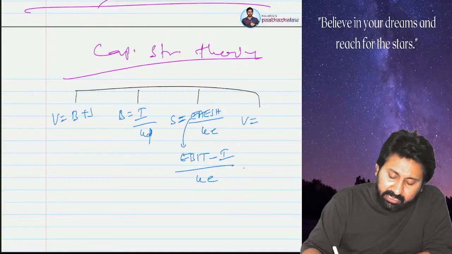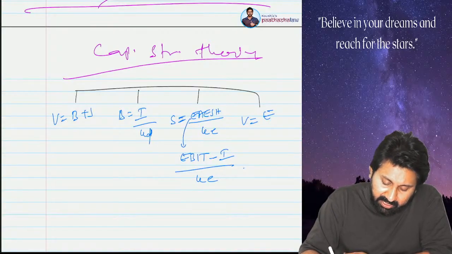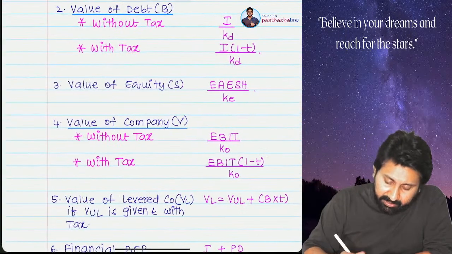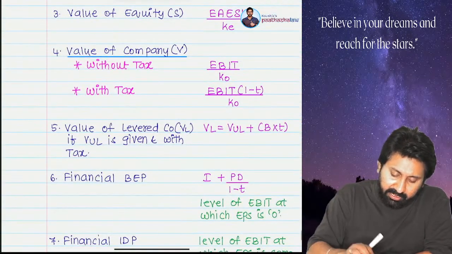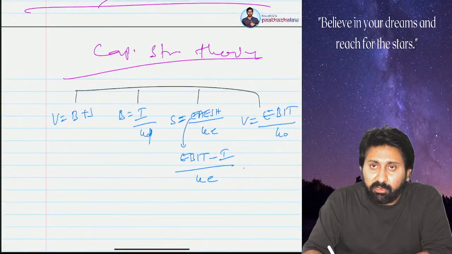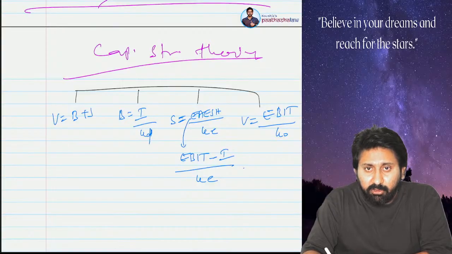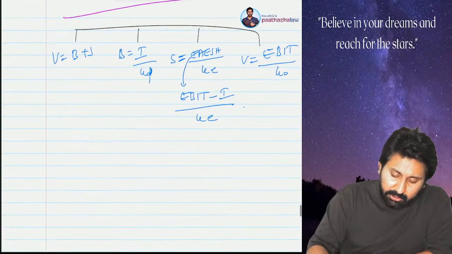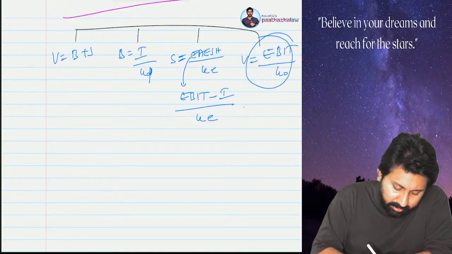So the value of the company can be written as EBIT divided by KO. If taxation is also involved, instead of EBIT you take EBIT into 1 minus T, whole divided by KO. How is this formula to be understood?